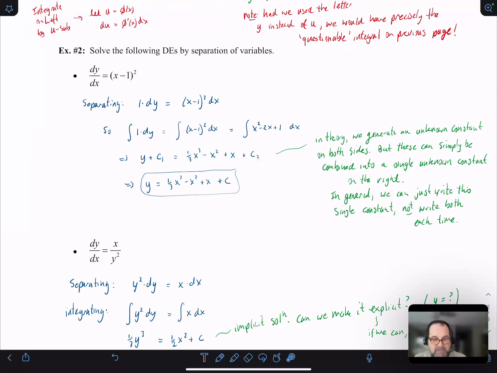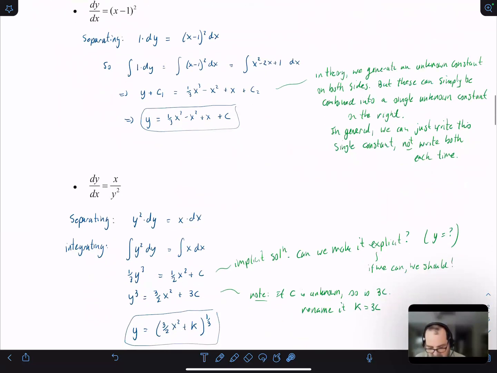We will just pretend we always know that we can combine them into a single constant, and for convenience, we will write it on the right-hand side. So this would be our solution. And notice this is exactly what you get if you just integrate (x minus 1) all squared. So that one is a rather trivial example.